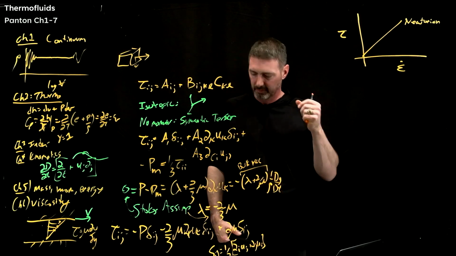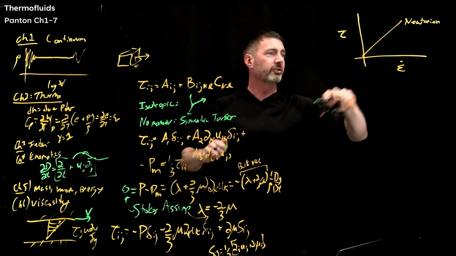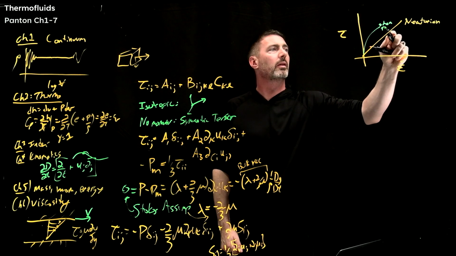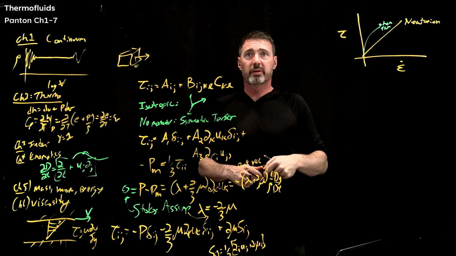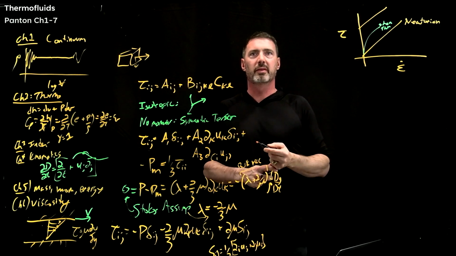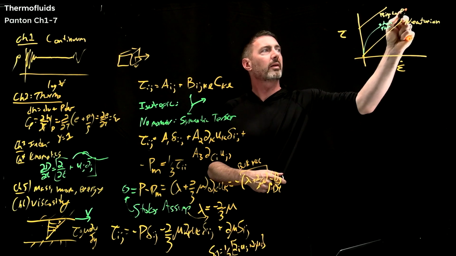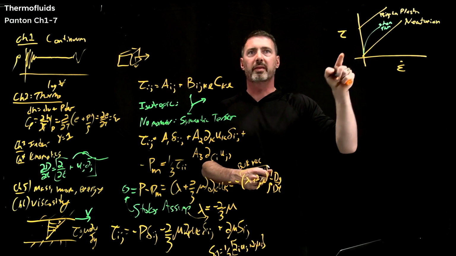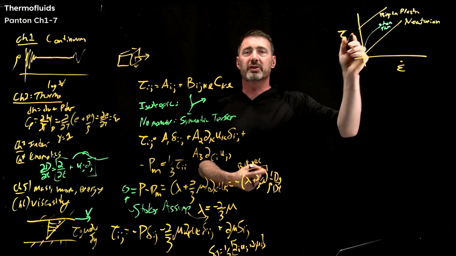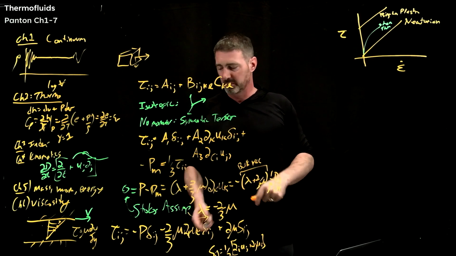This would be an example of shear thinning, which, again, is quicksand. And then there's an interesting one up here that Panton shows. That's a Bingham plastic. This would be a thing that doesn't move at all until you have a certain amount of stress, and then it moves linearly. So there are some pretty weird materials out there.